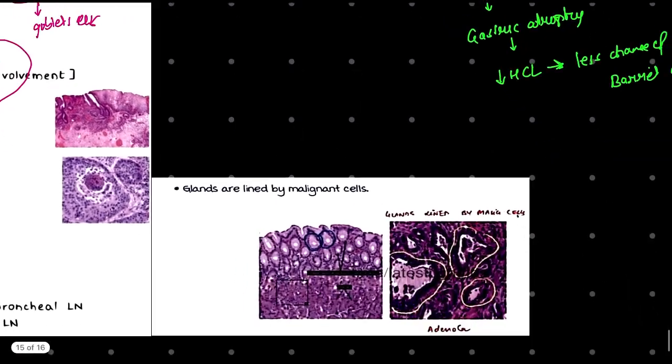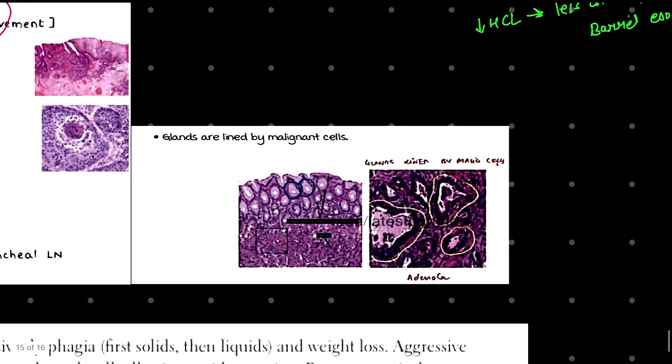Now let us move toward the histology of adenocarcinoma. If you see the histology of adenocarcinoma, what you will find is glandular formation. These are glandular formations, but these glandular formations are because of abnormal tumor cells, and that is why they are lined by malignant or abnormal tumor cells.